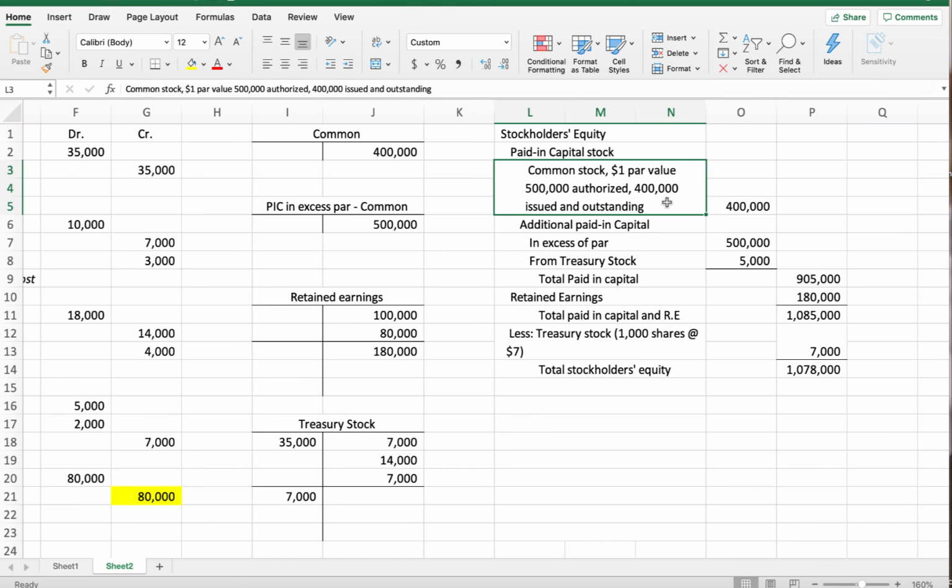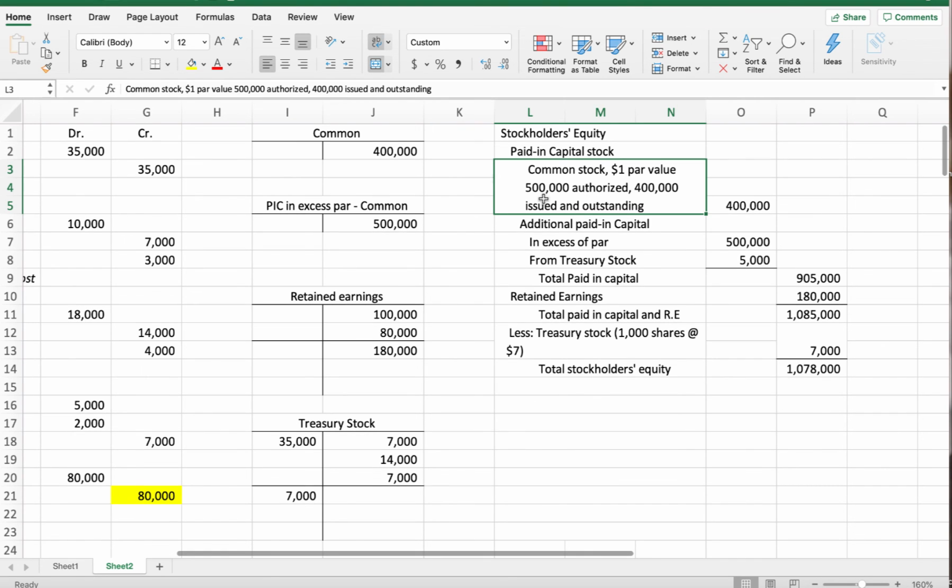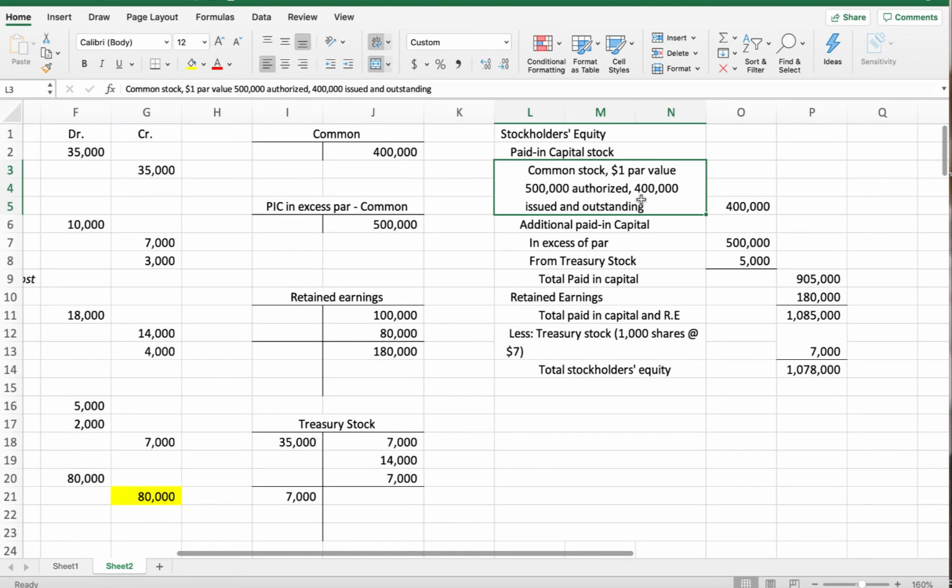We have 1,000 shares of treasury stock. Originally, there was 4,000 common shares that were out, right? We sold, okay? Or I'm sorry, there was 5,000, and yeah, we were authorized to do 5,000. How do I know that? Well, because they tell us that.